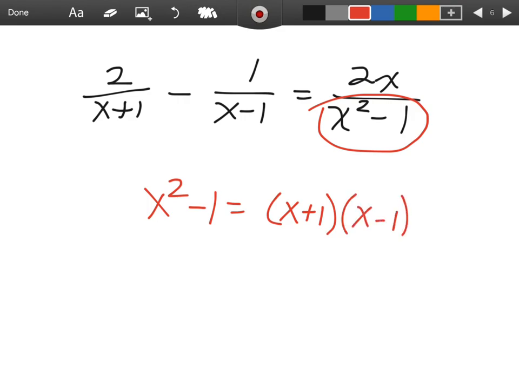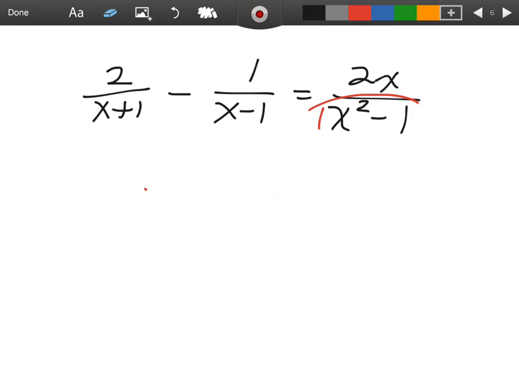It's the difference of squares if you factor it, or you can multiply those two together and see it's x squared minus 1. Knowing that, you can see that the least common multiple is just going to be x squared minus 1.